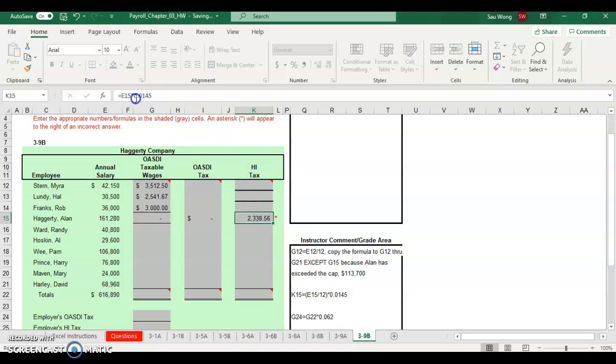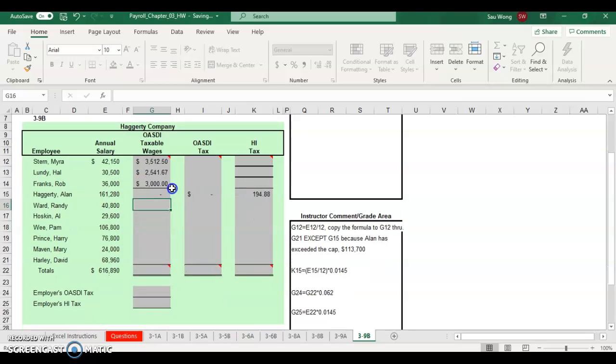Oh, for this one is annual, so I need to calculate. I need to divide it by 12 months. So E15 divided by 12 months, because we are calculating December 31st only, and then times the 1.45%. Okay.